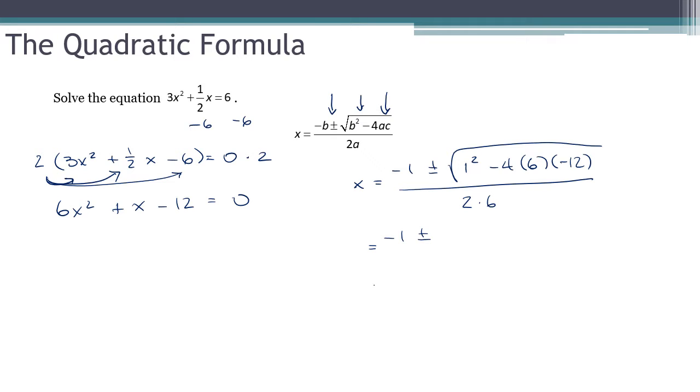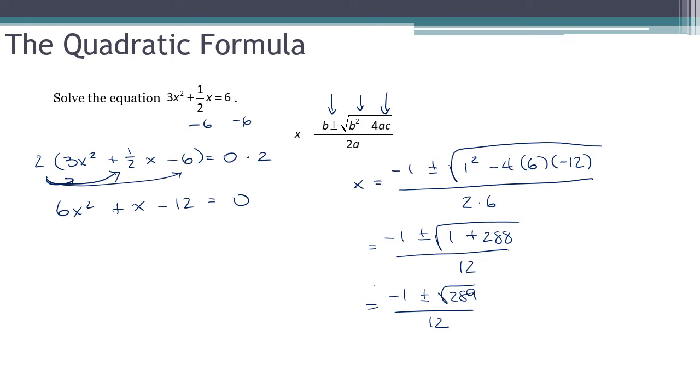This is the square root of 1 plus 6 times 4 is 24. 24 times 12 is, I believe, 288, over 12. Now we'll add these together. Negative 1 plus or minus the square root of 289, over 12. And that's it. There's my answer.